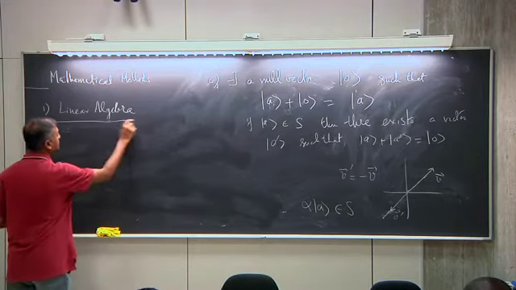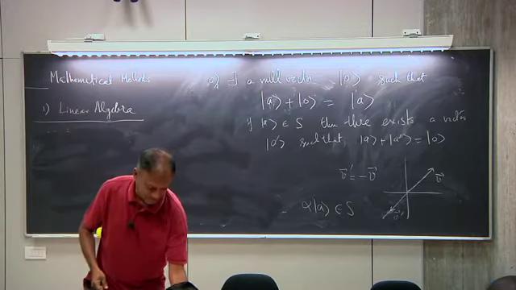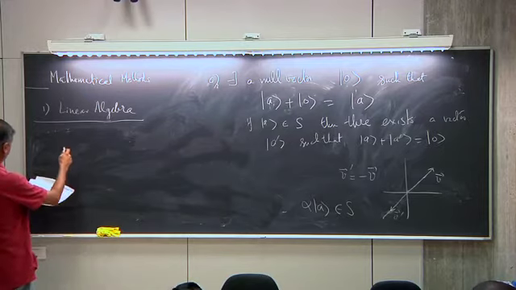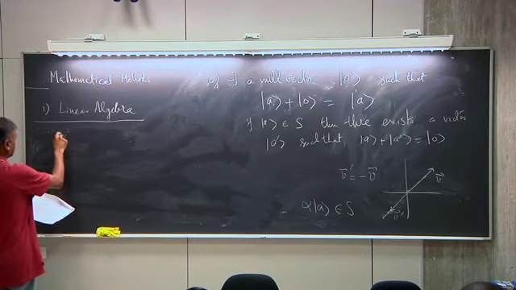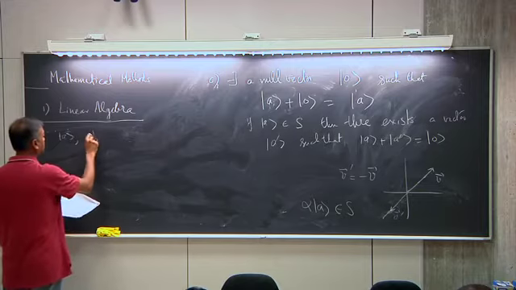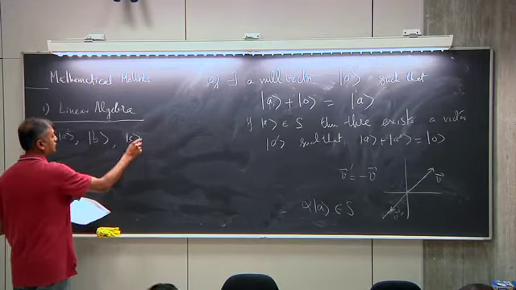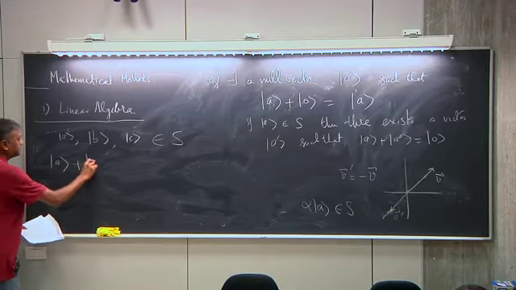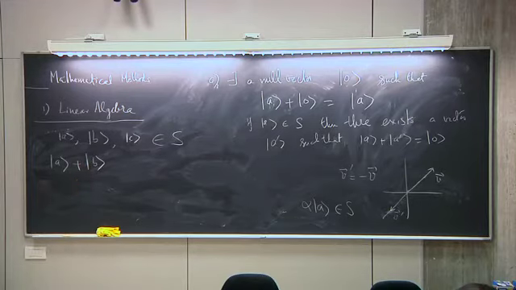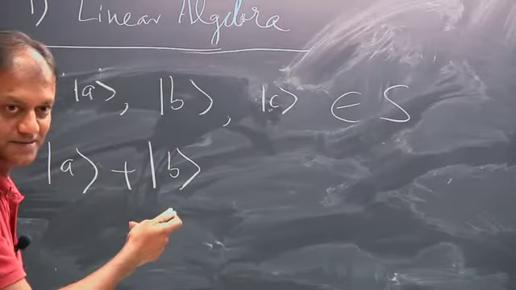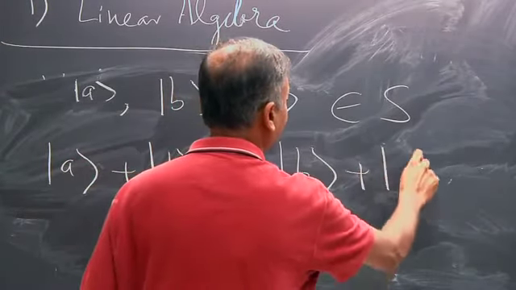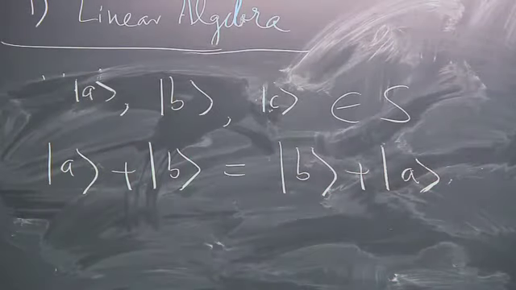First of all, let me go in the same sequence. Suppose I have three vectors A, B, and C. They all belong to S. The first property is that if I take A plus B, this will be some vector in S, but this is the same as taking B plus A. Again, pretty obvious from your two-dimensional example.